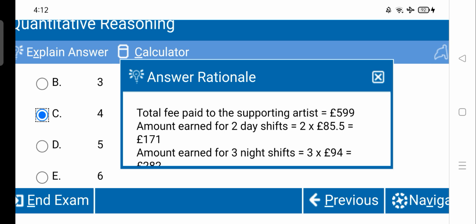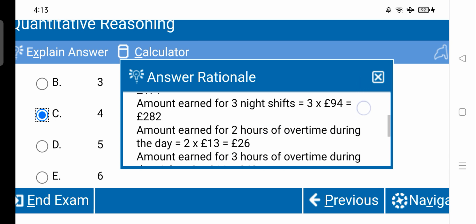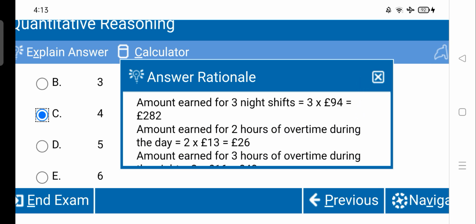Amount earned for 2 day shifts equals 2 into 85.5 pounds, which is equal to 171 pounds. Amount earned for 3 night shifts equals 3 into 94 pounds equals 282 pounds.